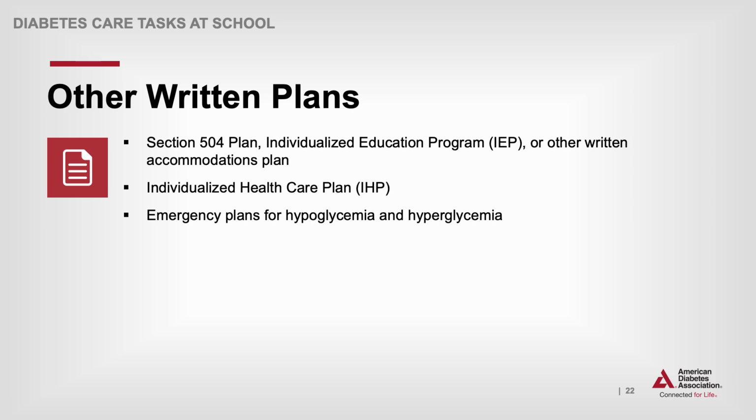Listed on the slide are examples of the types of things that might be addressed. Anticipating such events and proactively addressing them when the plan is written will not only ensure the student's safety and full participation, but also help to avoid misunderstanding and potential conflict between the school, family, and/or healthcare providers.